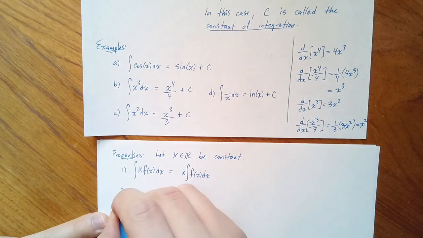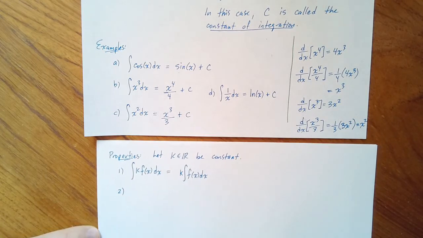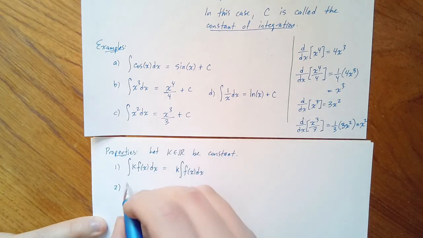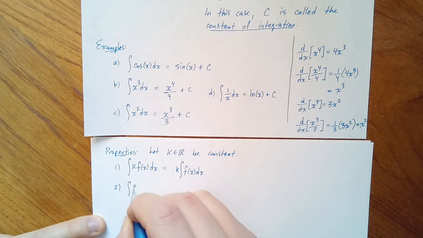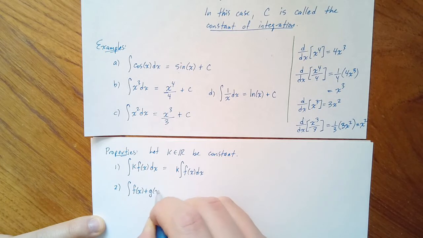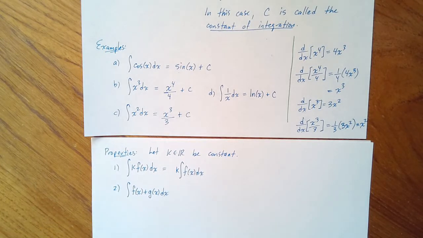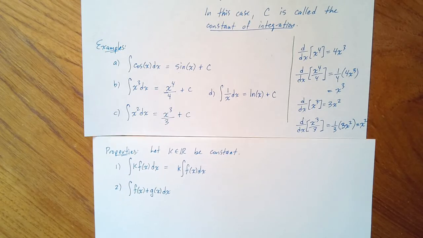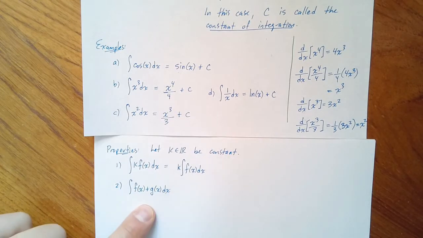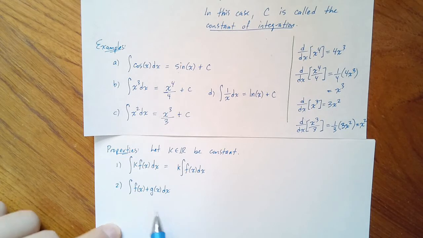The second property is another property that also holds for derivatives, and it works in the following way. If I take two functions, f and g, and I add them together, and then take the general antiderivative of the result, that's what I've written here. This says add f and g first, then take the antiderivative afterwards.